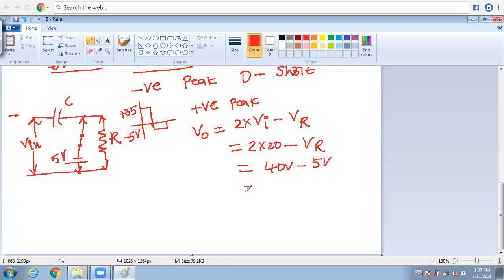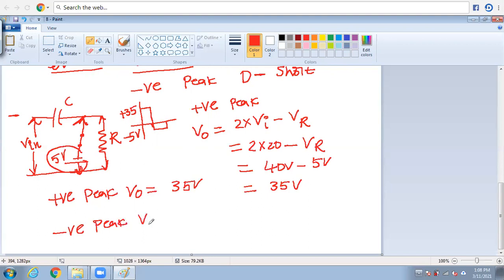While applying the positive peak, we can expect 35 volts. If you apply the negative peak, we can expect only this 5 volts across the output side. So for the positive peak, the output voltage V0 equals 35 volts, and for the negative peak, V0 equals minus 5 volts.